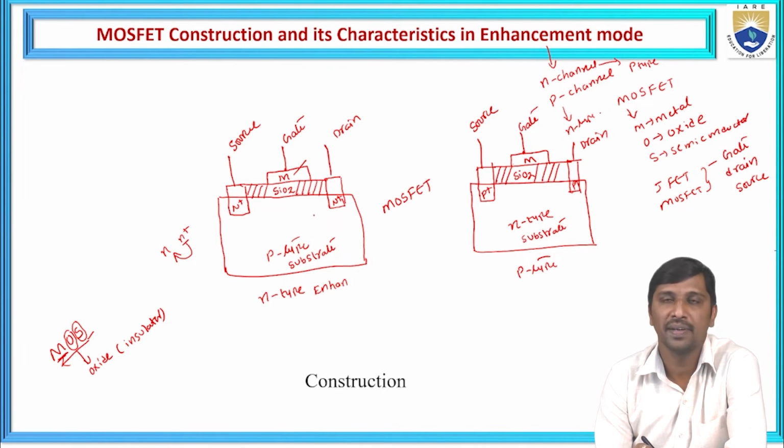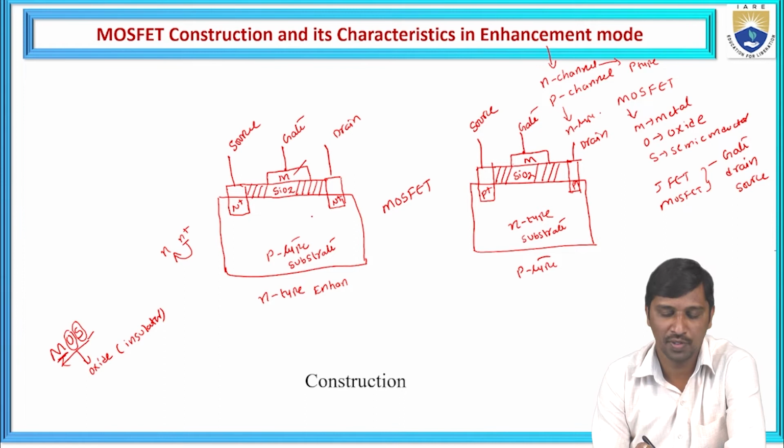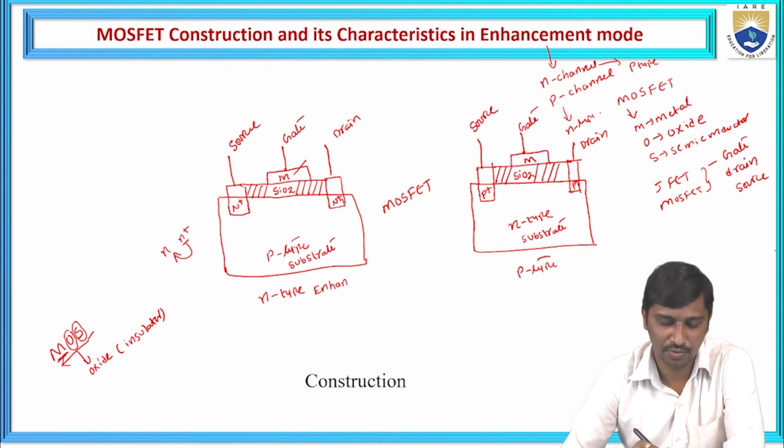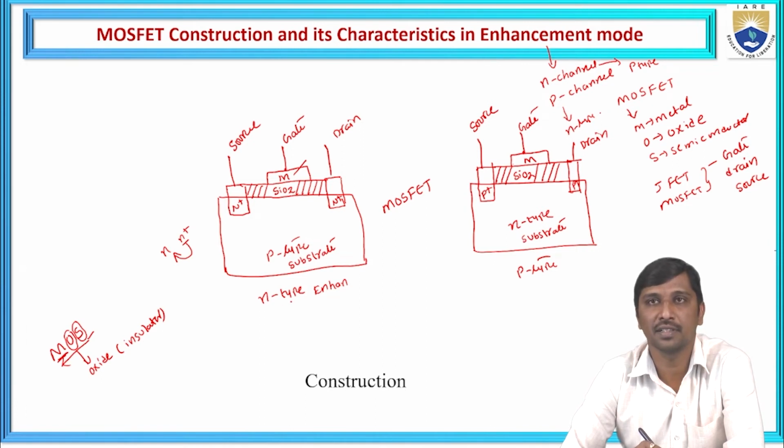Generally, based on the terminals, we know that the source always gives the charge carriers to allow the conduction in a given device, that is a field effect transistor. And let us consider the N-type enhancement MOSFET transistor, the source is made with the N-type material.